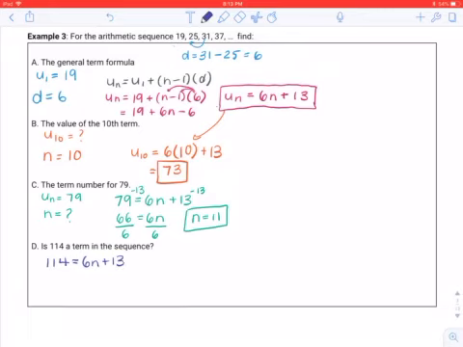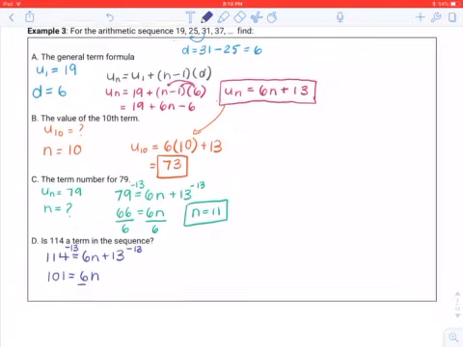I end up with 114 equals 6n plus 13. I'm going to subtract 13 from both sides. And I end up with 101 equals 6n.